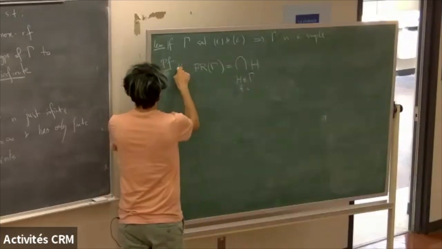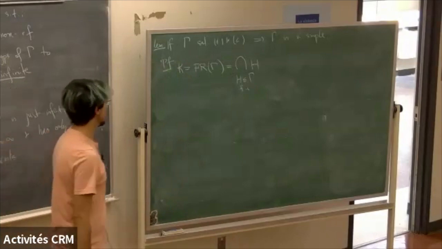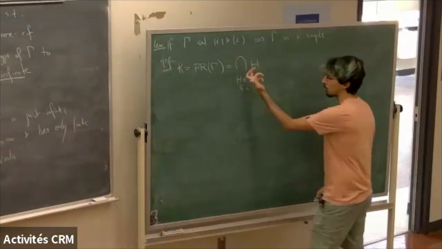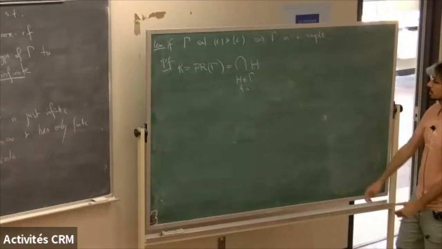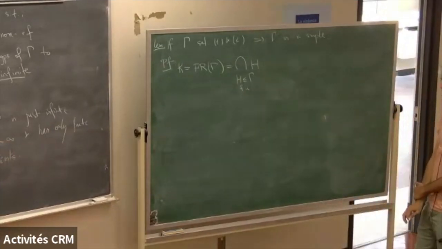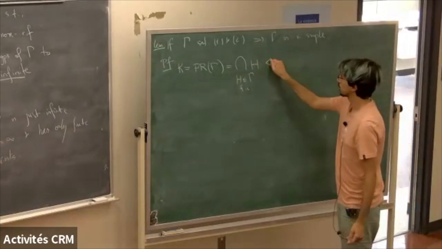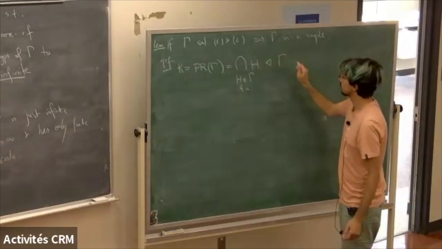Let's call this K. So what do we know about this? It's the intersection of all finite index subgroups, so you can think of it as the intersection of normal subgroups. So it's normal.